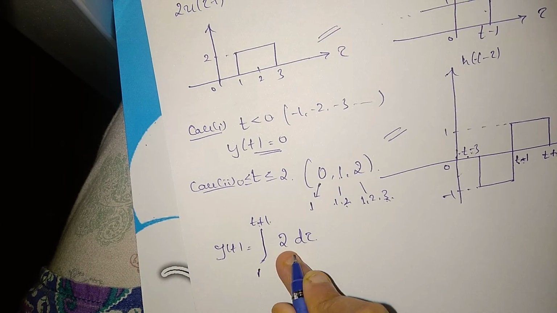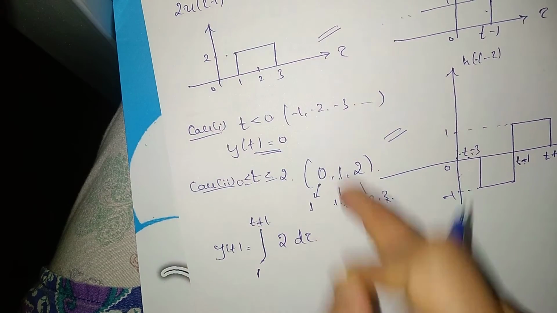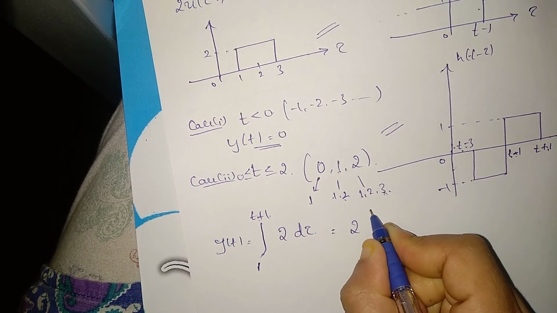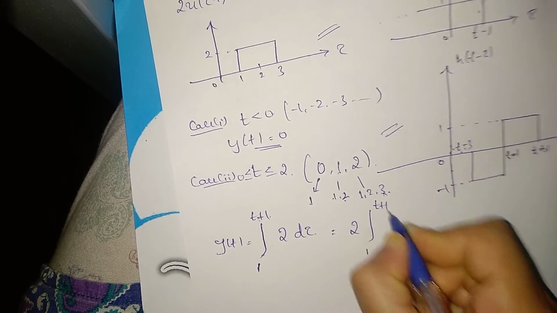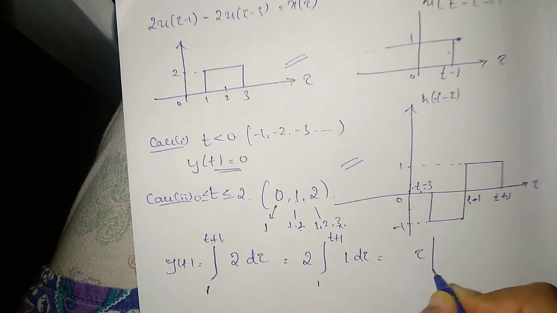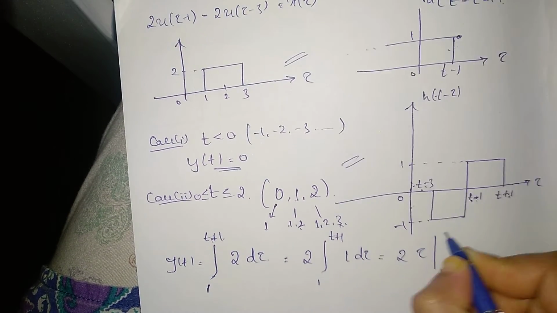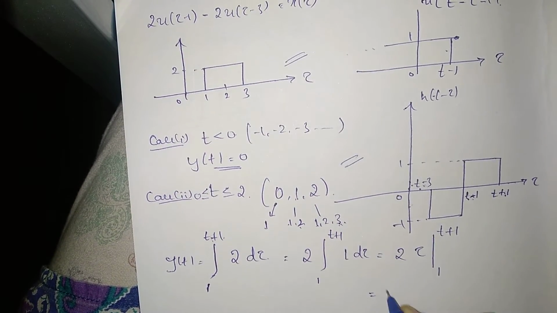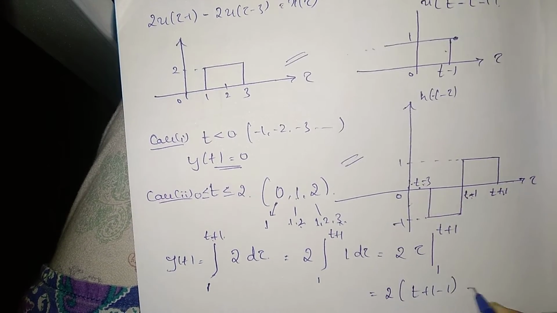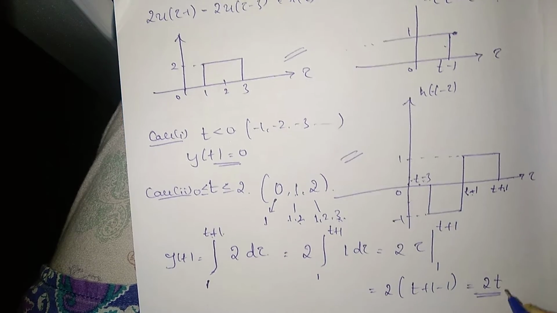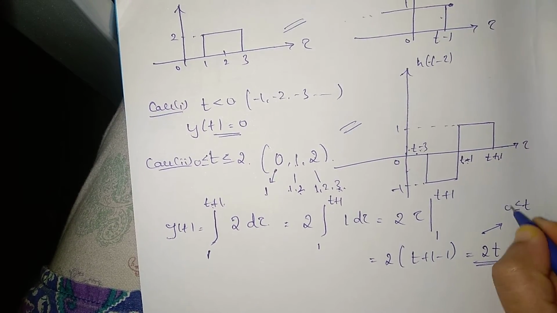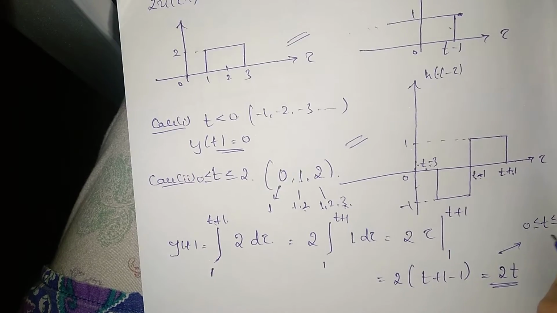So we get 2 outside. If you integrate 1 into d tau, you get tau with limits 1 and t plus 1. Simplifying, 2 into t plus 1 minus 1 gives 2t. So y of t is 2t when t is between 0 and 2.